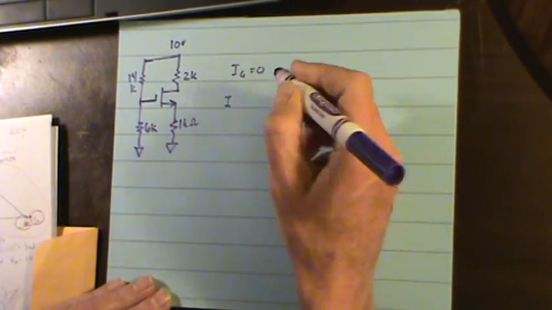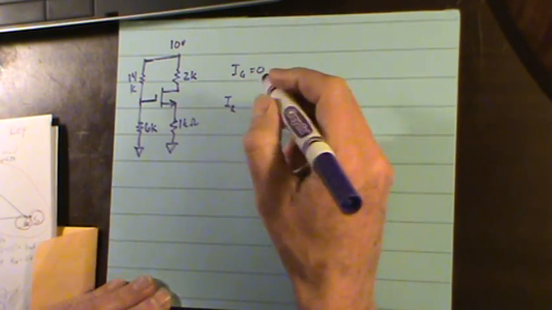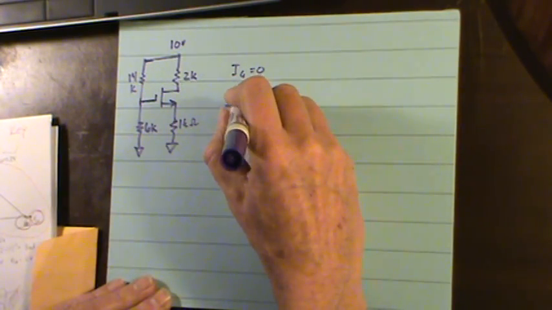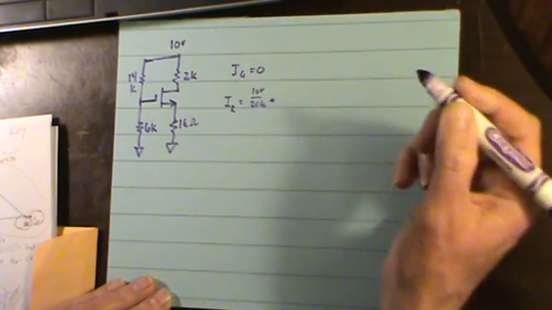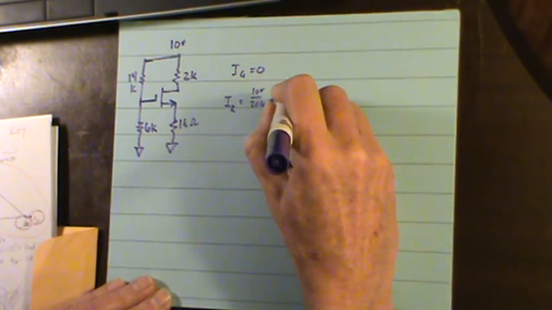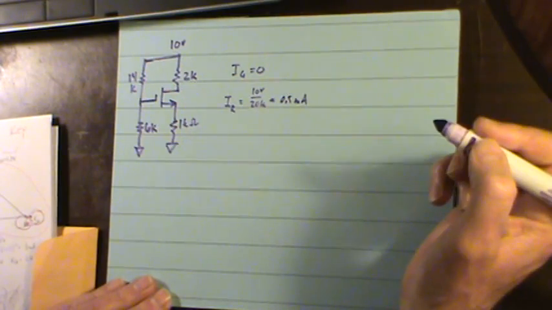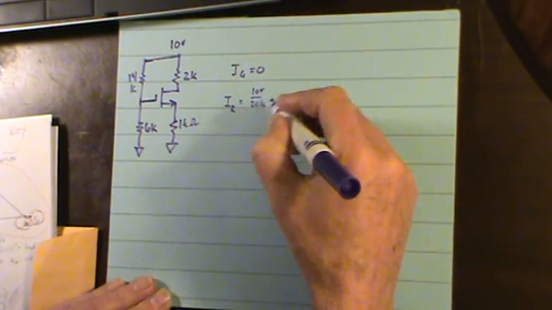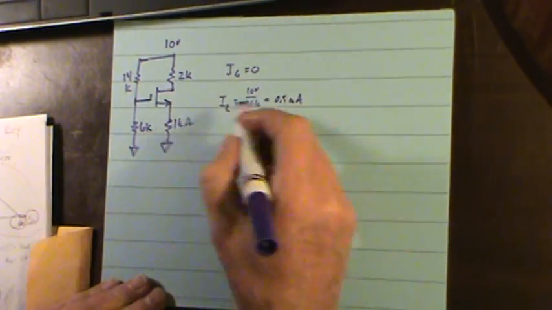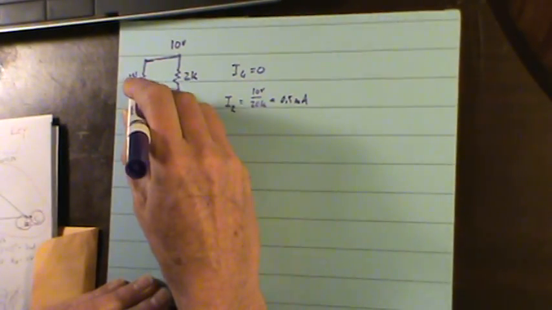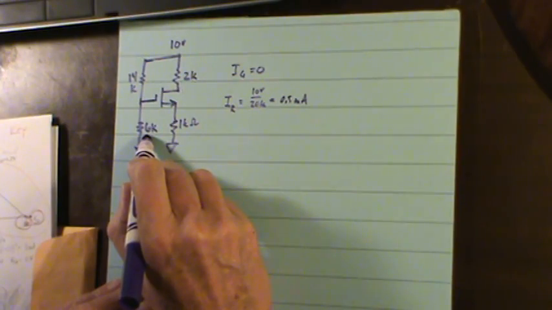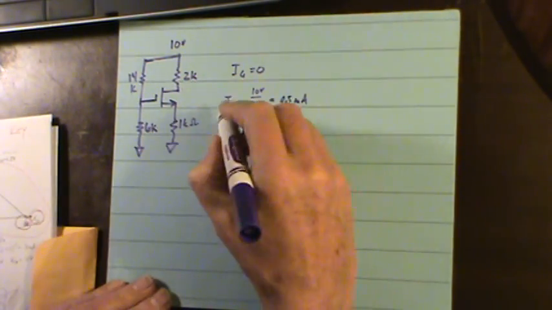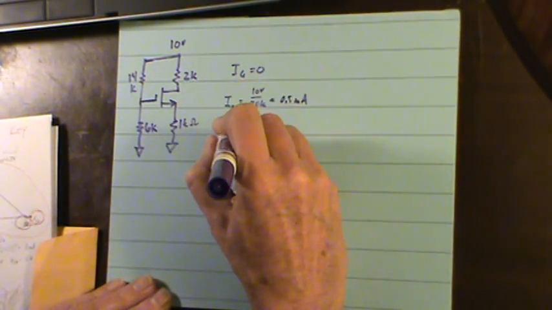So I through those resistors is 10 volts over 20K ohms equals 0.5 milliamps, which we don't really need to know, but if it helps you to see what's going on. I've got half a milliamp going down this left side, and a half a milliamp times 6K ohms is going to give me the voltage at the gate.